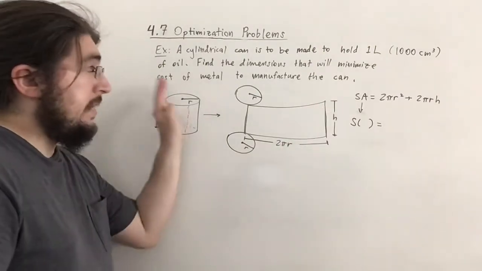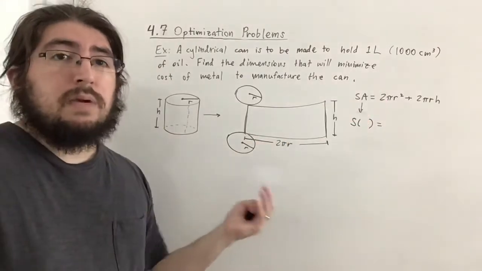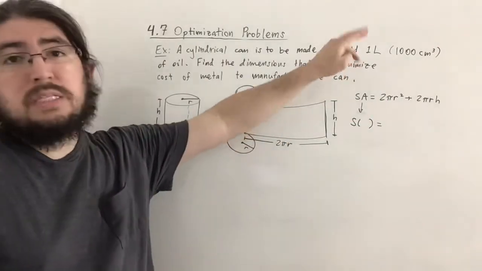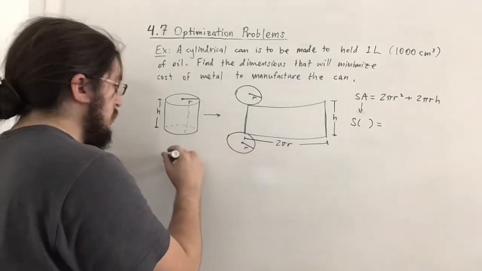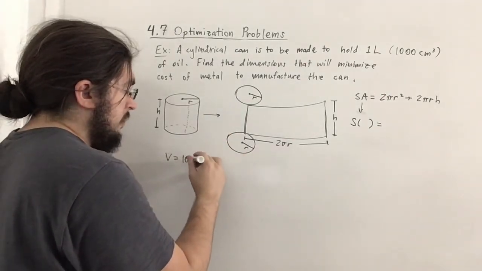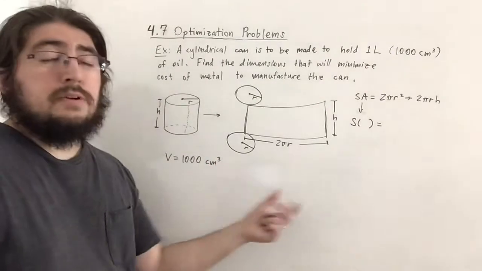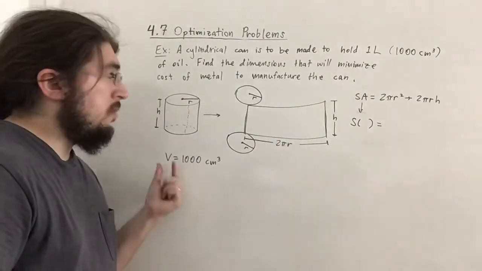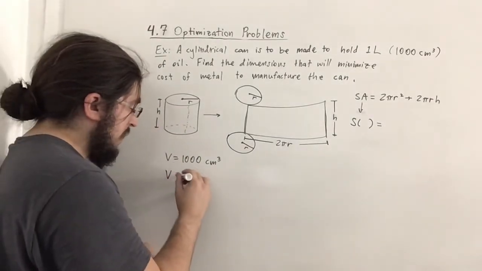And now in this formulation, there's only one thing we haven't used from the problem, and that was the given information that we have this volume. So we can say that the volume is equal to 1,000 centimeters cubed. And similar to how we did for surface area, we can find a volume formula for a cylinder. That's something you should kind of know.